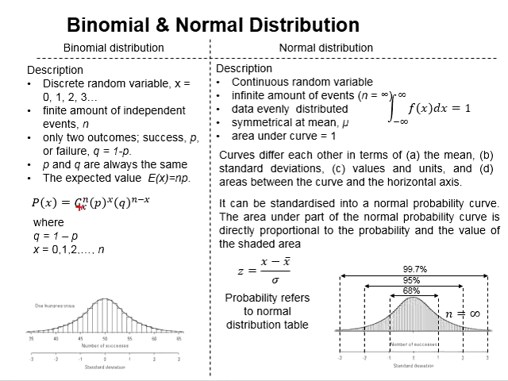nCx, the function of combinations, multiplied by p power x and then multiplied by q power n minus x. The x here is a discrete number, and the n here is the total number of events.